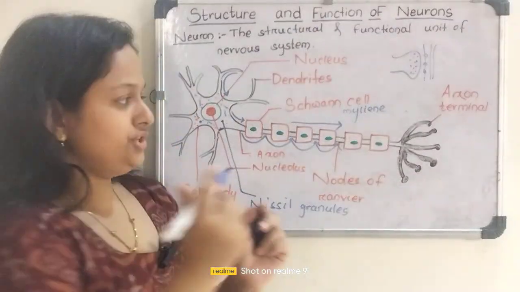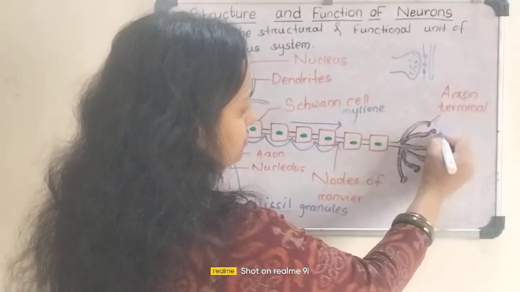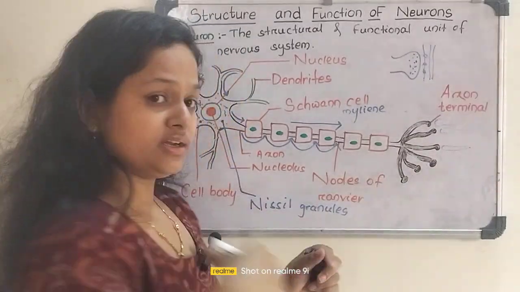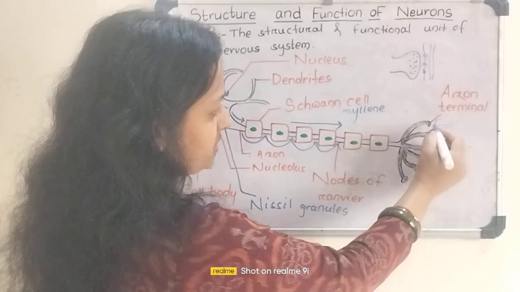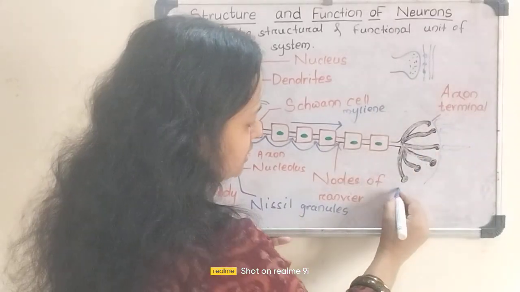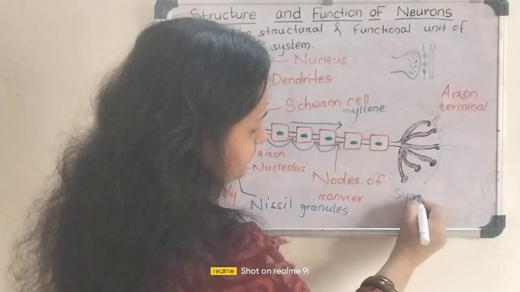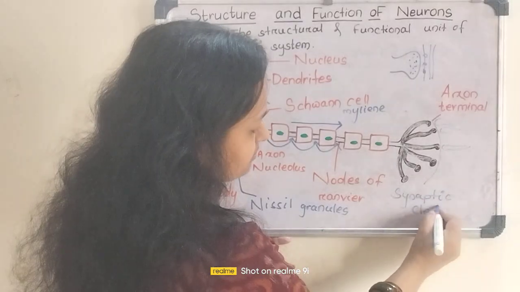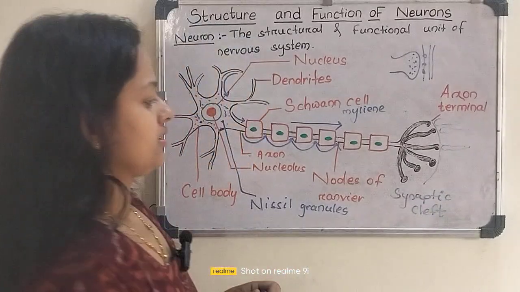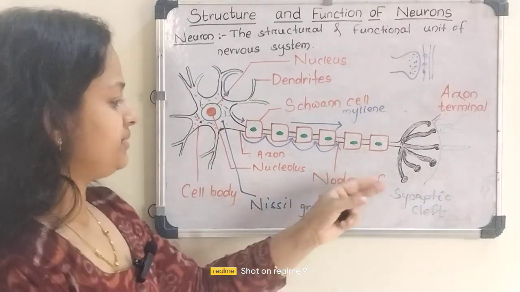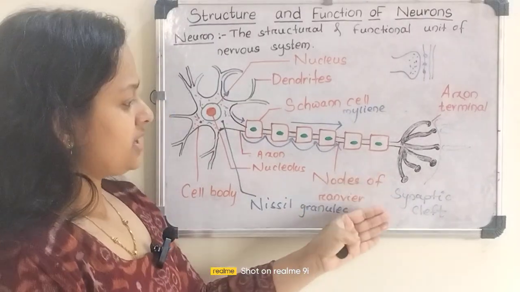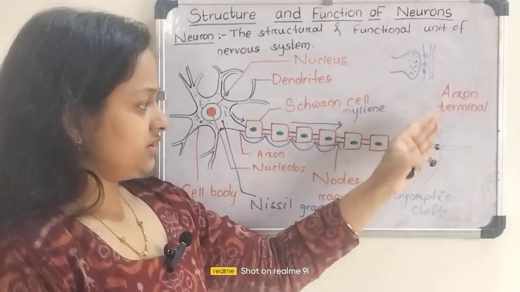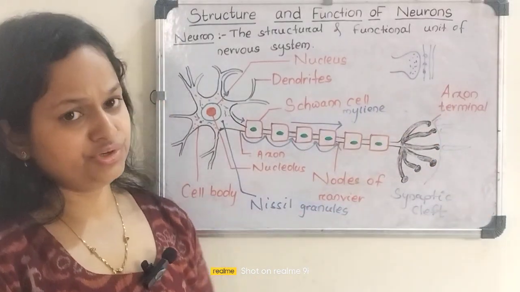And the gap between two neurons, if there is another neuron present after this neuron, this gap is known as the synaptic cleft, and through this synaptic cleft the impulse passes from one axon terminal to the dendrite of another neuron.